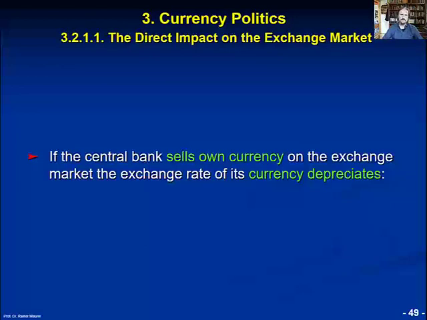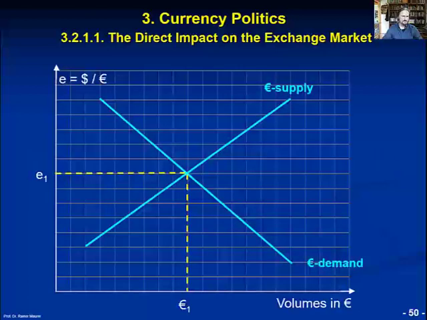If a central bank sells its own currency on the foreign exchange market, the exchange rate of its currency depreciates, as the following diagram reveals. So this is a diagram that displays the foreign exchange spot market between dollar and euro.